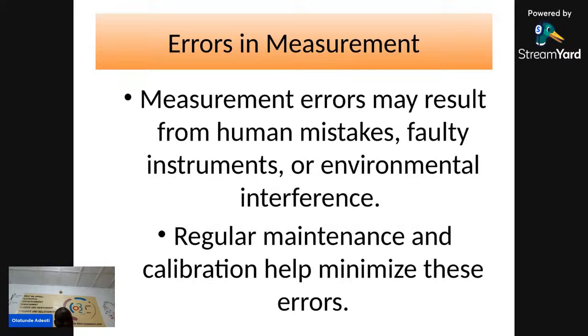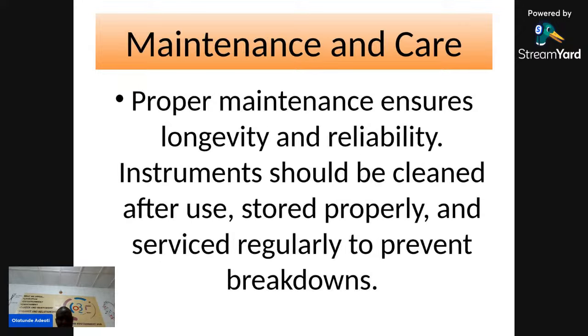The error could be as a result of human error, or as a result of environmental influence or interference. Then we were able to look at maintenance. Your regular maintenance of your equipment will ensure that your specificity is very, very correct.